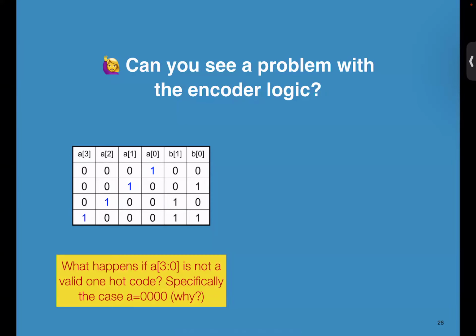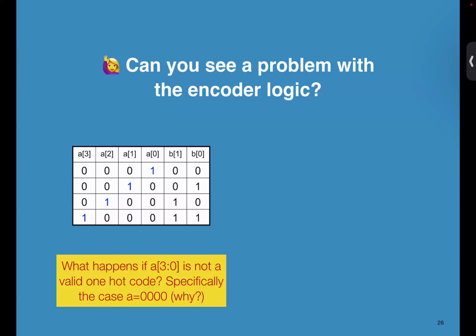So the problem here is, what do we want if the input is not one hot coded? One stance we can take is, hey, you told me to design an encoder. You told me that I should go from one hot to binary encoded, so you better present me a one hot input. If you don't present me a one hot input, I can produce some junk value.